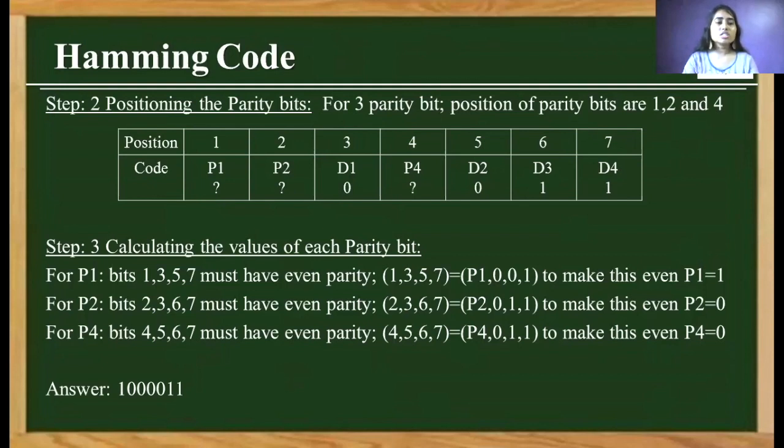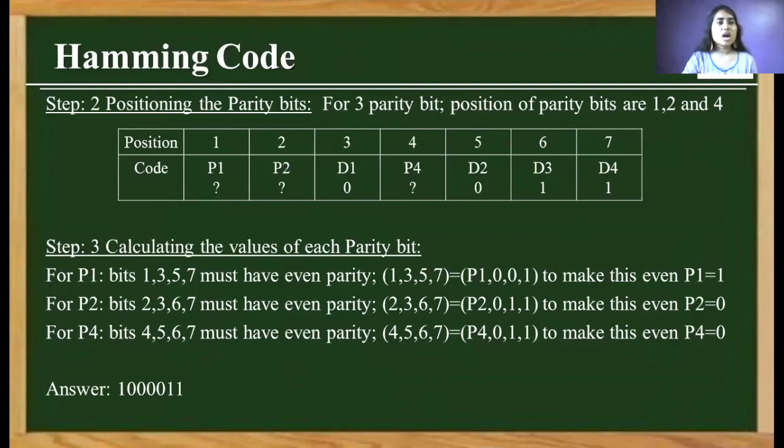Here the first bit is 1, that means P1, as we calculated P1 equal to 1. Then the next bit is 0 because P2 has value 0. Then the next is D1, which is 0. Then the next value, P4, is 0. Then the next D2 is 0, D3 is 1.